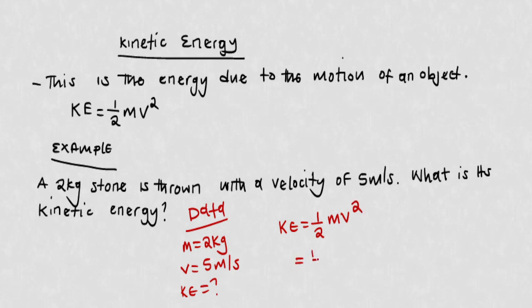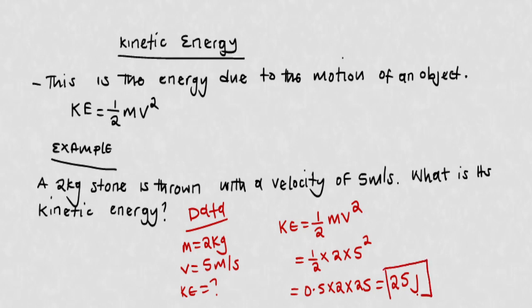Kinetic energy is equal to half multiplied by the mass, which is 2, then the velocity, which is 5, squared. Half is the same as 0.5, multiplied by 2 multiplied by 5 squared, that is 25. 0.5 multiplied by 2 gives 1, and 1 multiplied by 25 gives 25 joules. So 25 joules is the kinetic energy for this one.